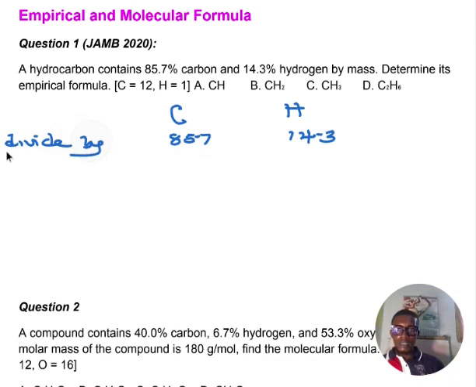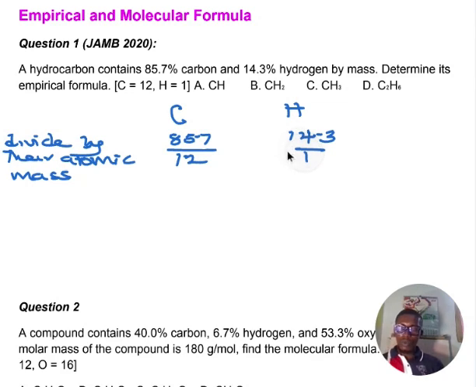The atomic mass of carbon is 12, and for hydrogen it is 1. So 85.7 divided by 12 will give you 7.141. 14.3 divided by 1 is 14.3.